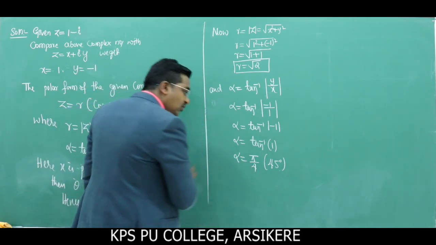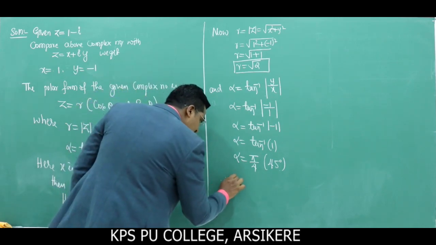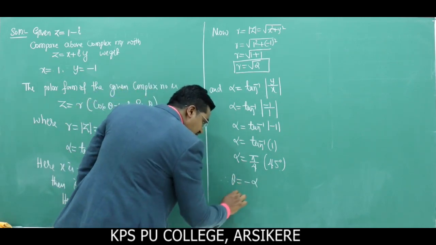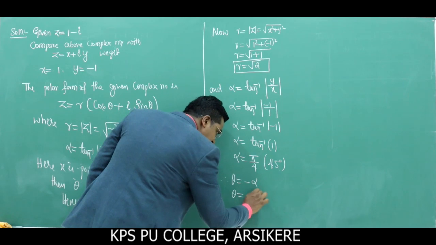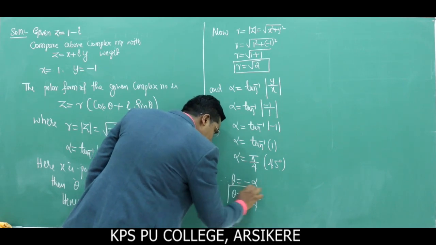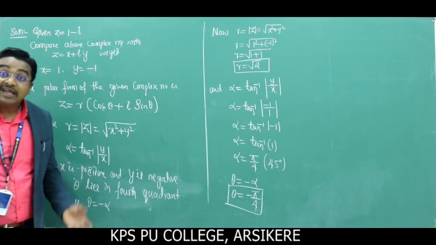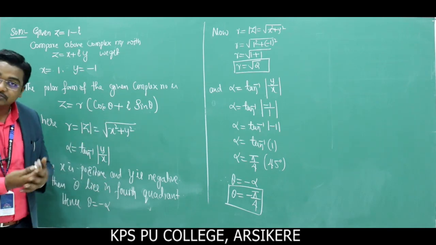Therefore alpha is equal to pi by 4. Therefore theta is equal to minus alpha, so theta becomes minus pi divided by 4. 90% of the problem has been solved here.